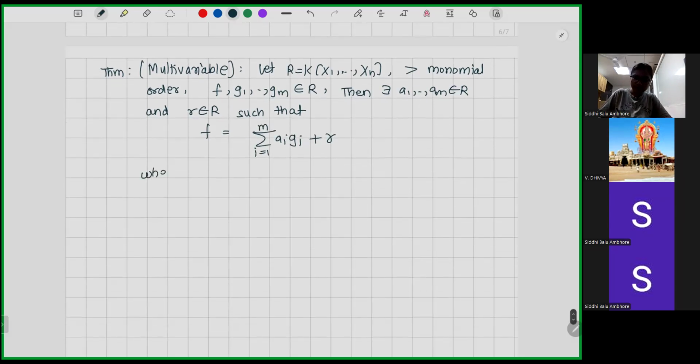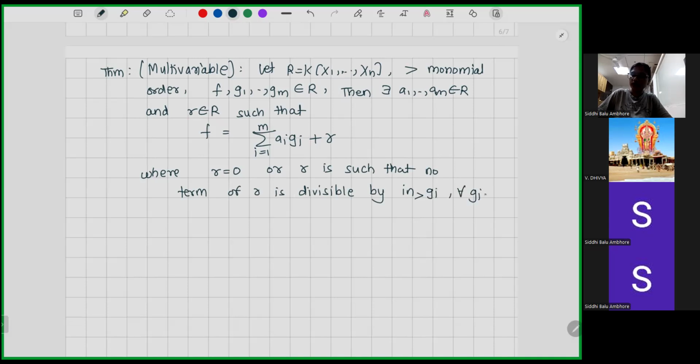Where again there are some conditions on r, where r is 0, or they are saying r is such that no term of r is divisible by the initial term of gi for all gi. Okay, for all gi's, their initial terms do not divide any term of r.